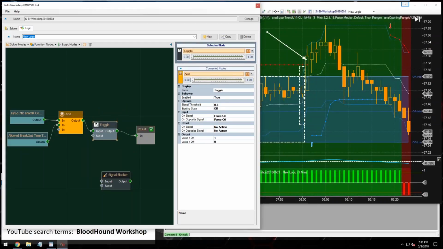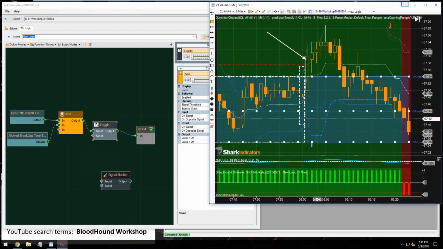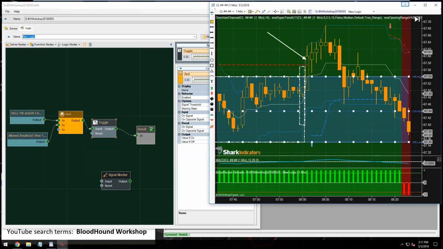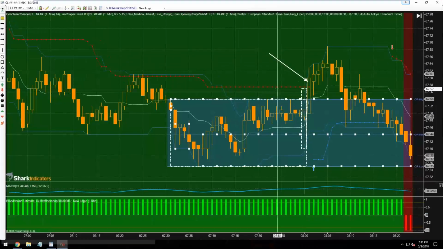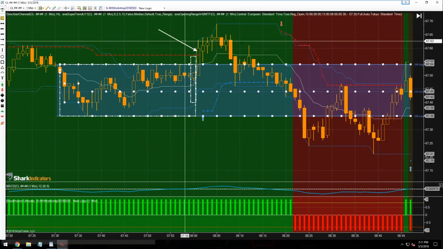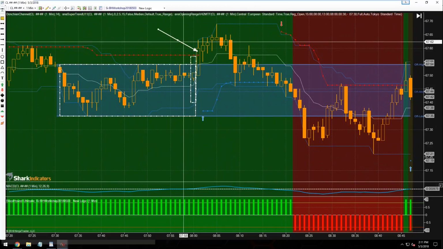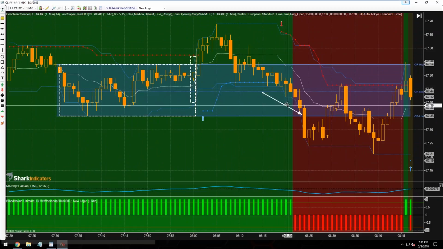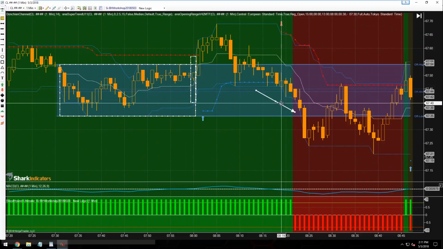Connecting in this toggle node, if we take a look at the chart, what it's doing is holding on to the last value.